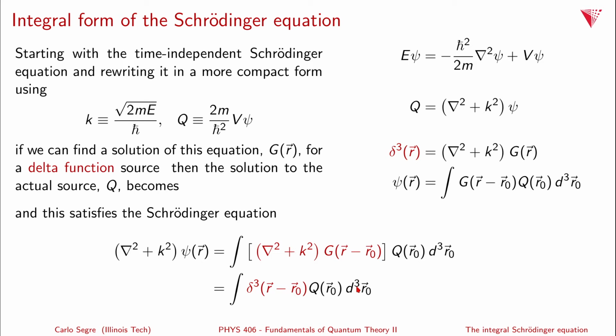That is a trivial integration because with the delta function we just replace r0 by r, so you get Q of r. This brings you back to the actual Schrödinger equation, where Q is equal to del squared plus k squared applied to psi. In fact, del squared plus k squared applied to psi is equal to Q of r with this form of the solution, and g of r is the solution for the delta function driving force, or source, for this equation.